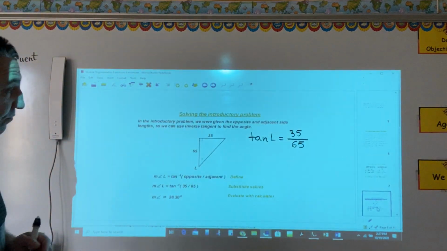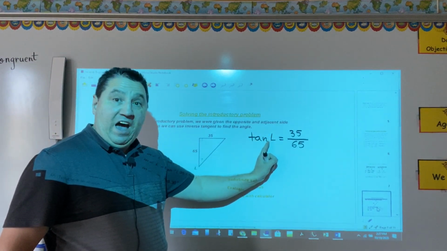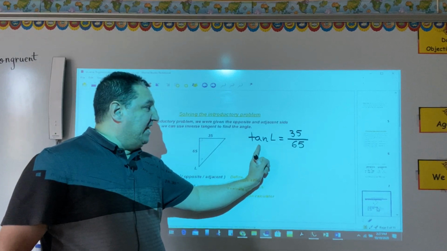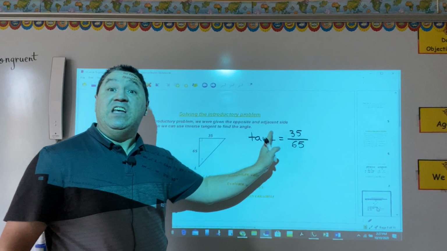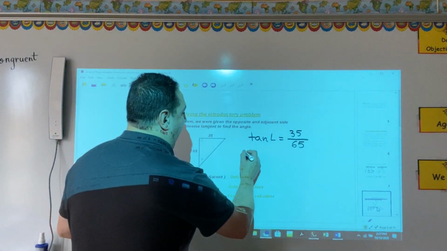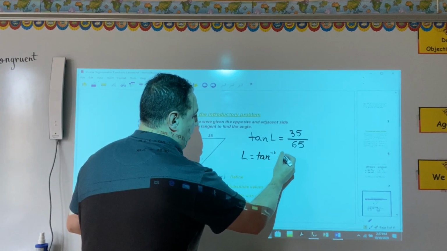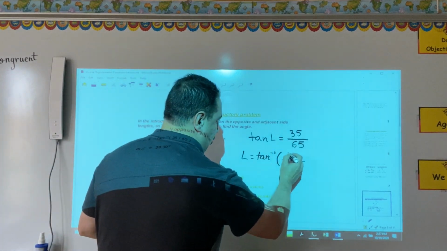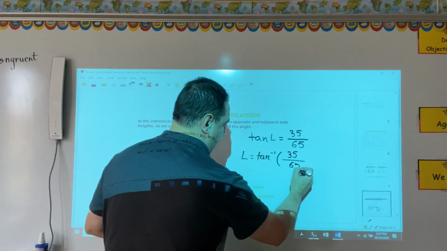Now, to find the angle L, we have to use the inverse of tangent, that is applied to the side ratio and gives you the angle. So we can say L is tangent of -1 of the side ratio, 35 over 65.